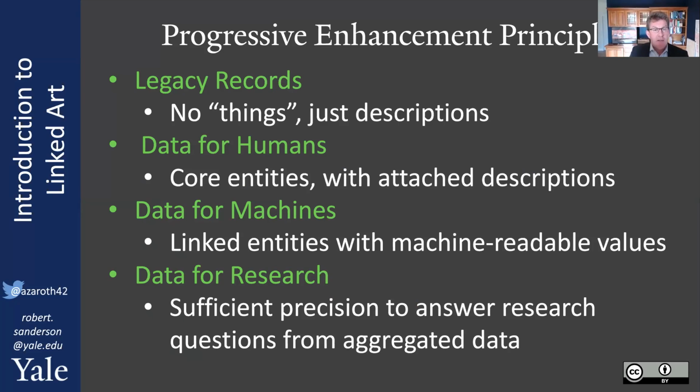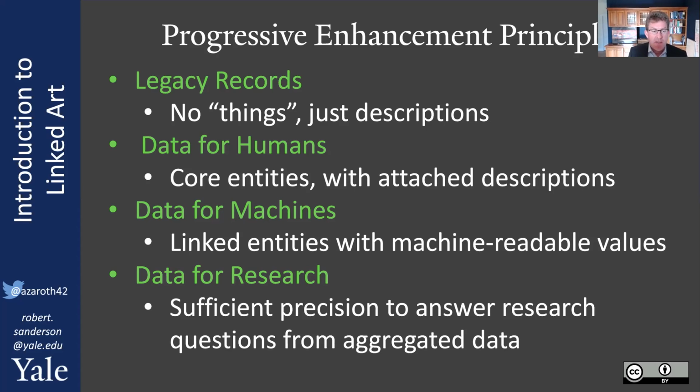The first is legacy records, where there aren't really entities, but there are just descriptions. So these are strings that are hard for a machine to interact with. They're hard to link to. It's just, here is something that if you put on a screen, a human would understand, but they're not data. They're only text. So then comes data for humans, which is to split up those descriptions into the core CRM entities that we've just looked at, and then attach the descriptions of those entities to them, along with some basic properties.